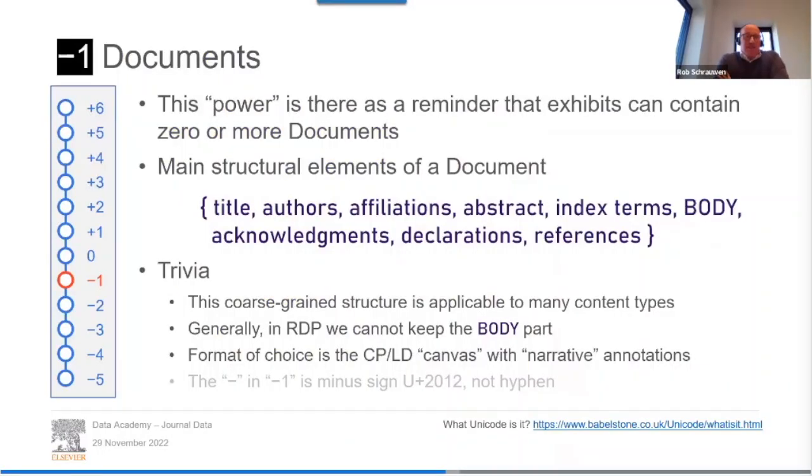Let's go one level deeper, because we have to finish on time. So we go -1. And just to end with something I put here in gray, be pleased with me that I put here a true minus sign and not a hyphen.